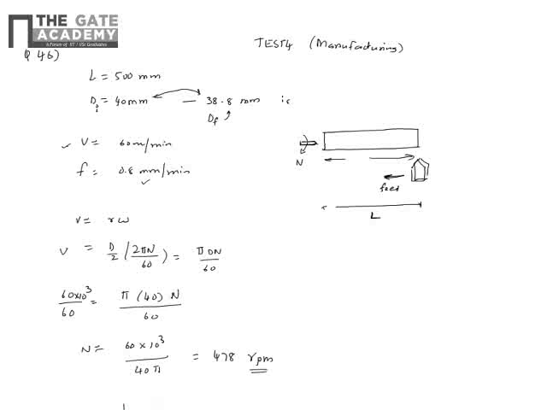So the length of the tool travel is given as 500 mm. So length is basically your feed into your number of revolutions per minute into your time.